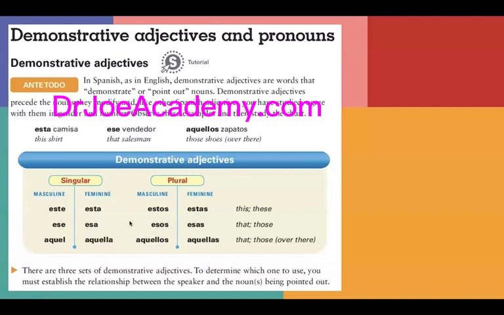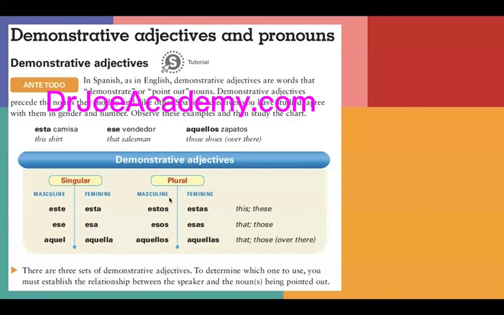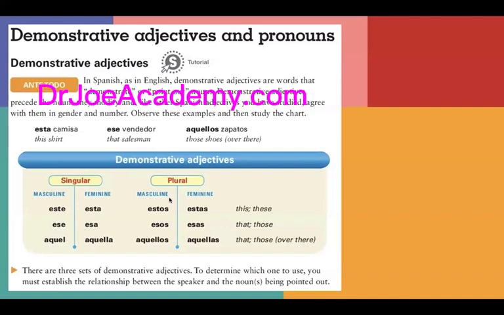Well, yeah, you can say estos zapatos because it's masculine and plural. So the question I was asking you is what the gender is, masculine or feminine, and what the number is, singular or plural? So your response should have been masculine plural. But you gave an example that shows exactly that, so that's fine.